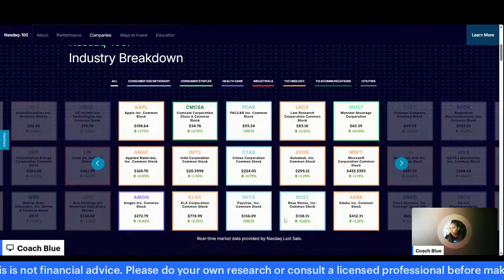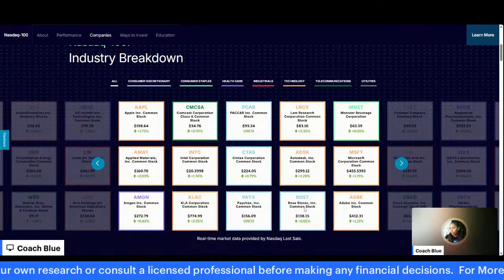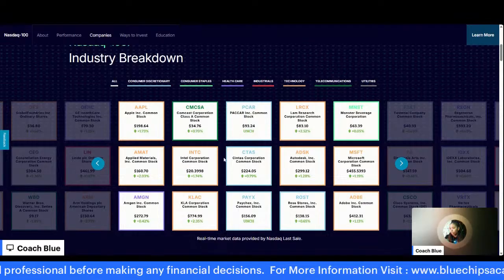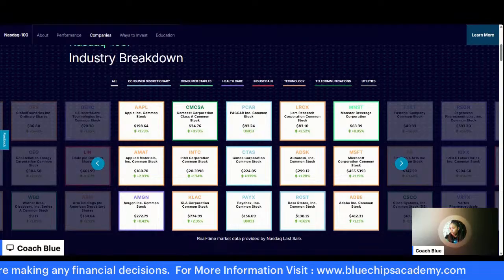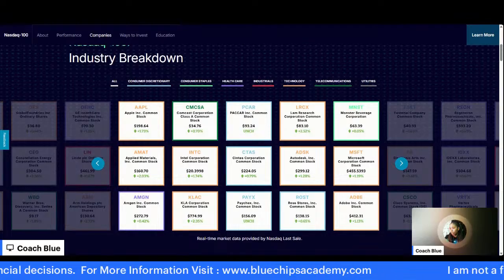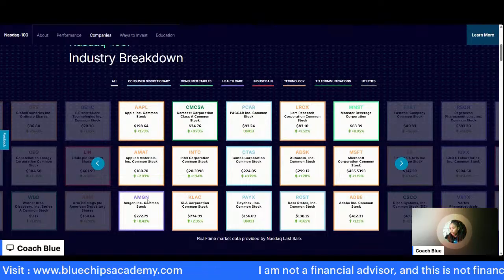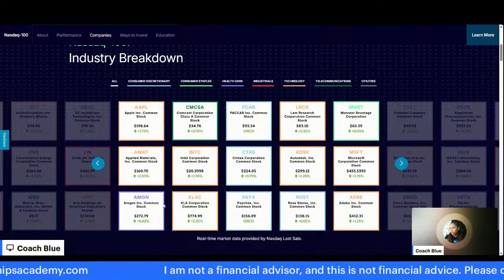So a lot of familiar companies. We trade the performance of this index to see how the market is affected on a day-to-day basis, whether through news or how people are feeling, their sentiment about the overall index of NASDAQ.